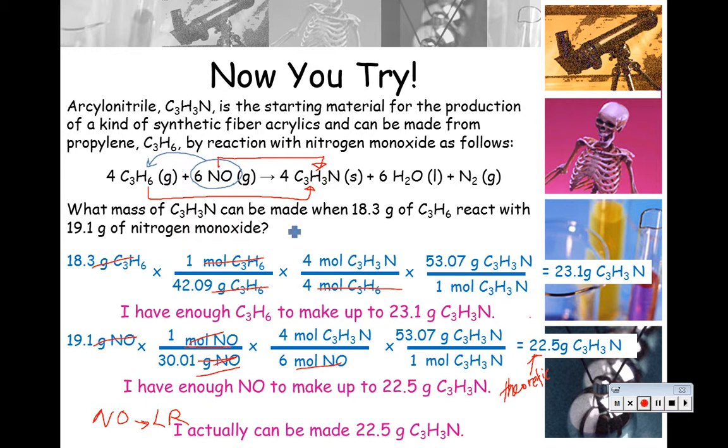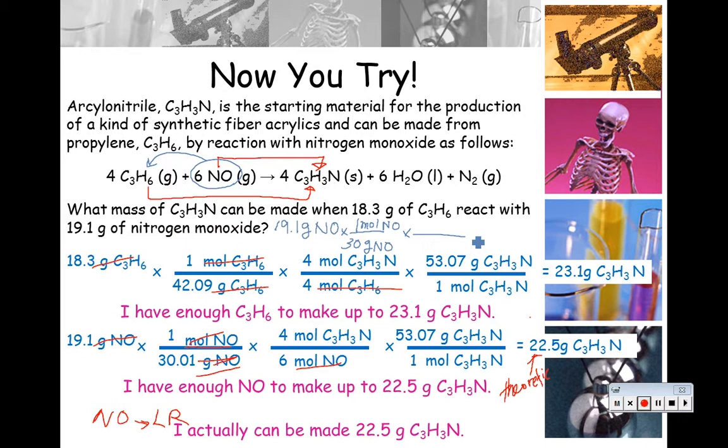You're starting out with the same amount of grams of NO, because that's my limiting reactant. You have 19.1 grams of NO. Convert that to moles using this mass, 30 grams of NO for every 1 mole of NO. But instead of the usual way of going from NO to the product, this time I'm going to go to which substance?